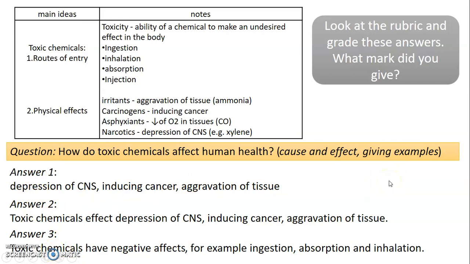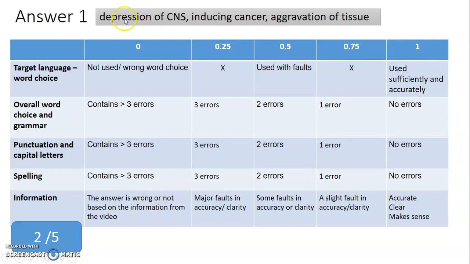All right, moving on. So answer number 1. This is answer number 1 here in this gray box. As you can see, it's not a full sentence, right? It's not a full sentence, which is a big problem.